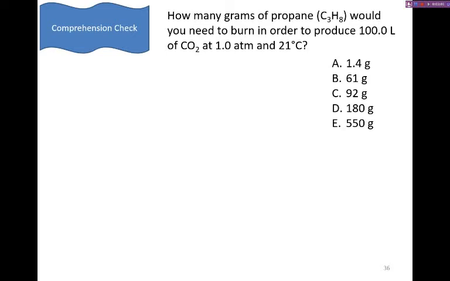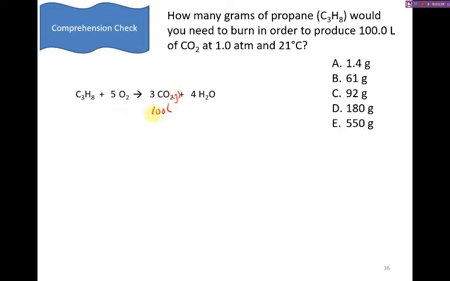Welcome back. So we want to know how many grams of propane would be needed to burn in order to produce 100 liters of carbon dioxide at 21 degrees Celsius. You should be able to come up with a balanced chemical equation on your own. And then we know that we want to produce 100 liters of CO2.